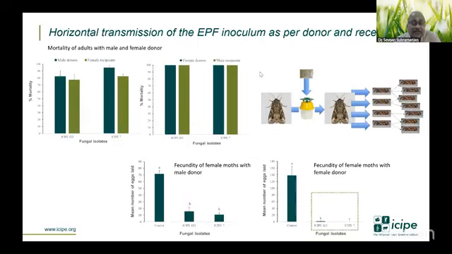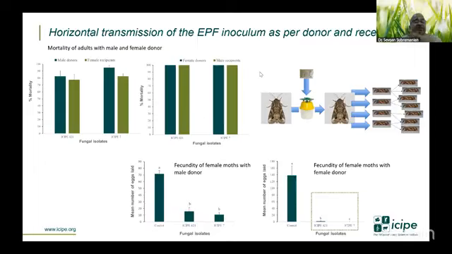Whenever we apply biopesticides, I think we should make an effort to reduce the cost of use of the biopesticides. And in this space, innovative application strategies can help a lot. Horizontal transmission of EPF inoculum from one moth to another during the mating process can be quite useful. And in this regard, we have studied how the fungus, when applied on a male, gets transferred to the female, or from the female to the male, and what kind of mortality is caused.